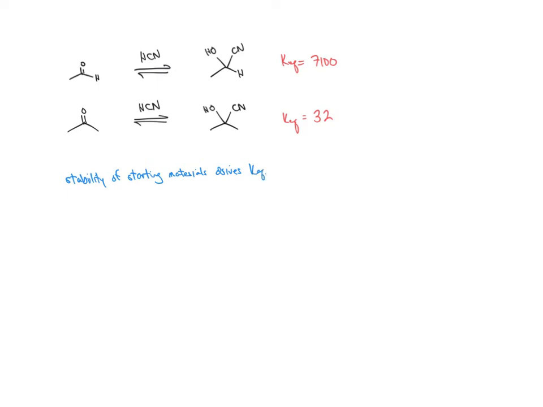Okay, so it's going to drive the KEQ. Ketones are more stable than aldehydes. Okay, and so since the energy of the transition state and the energies of the products are about equal, there's going to be a large difference in the reactivity.